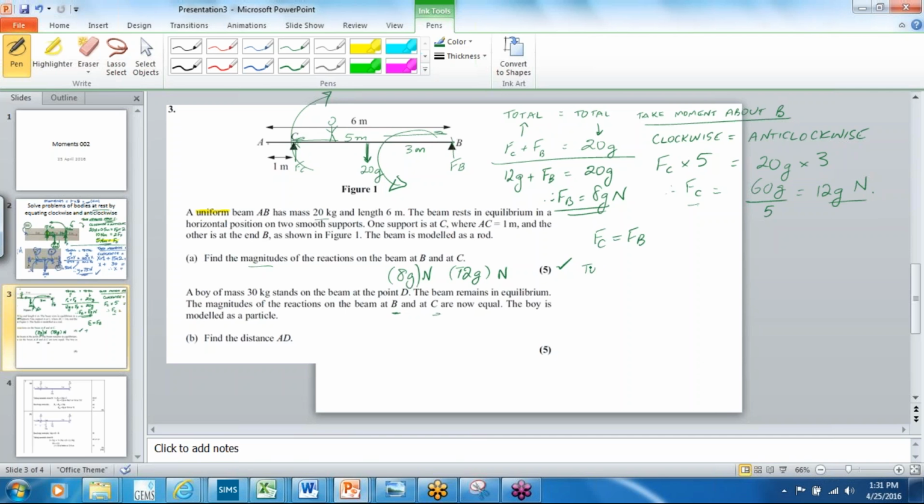Let's look at our total up equaling total down. Now total up force is the force at C plus the force at B. Because they're both equal, let's give that a value. Let's just call it x newtons.